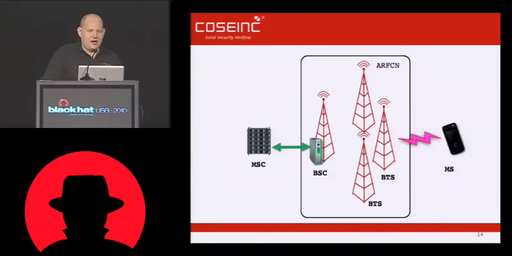ARFCN is basically a specific subset of the GSM band that you're using for your communications. Of the GSM bands, which are 850, 900, 1800, and 1900, there are subsets within that of 200 kilohertz, some value that's fairly small, and those get paired together.